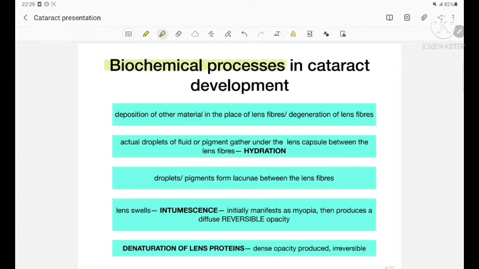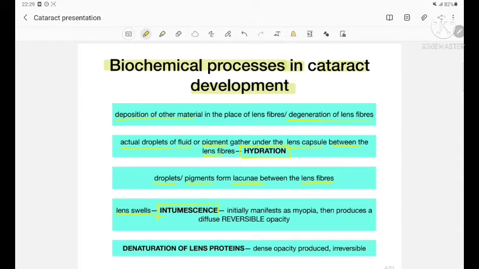The biochemical process in the development of cataract. There is deposition of other material in the place of lens fibers or degeneration of lens fibers. The actual droplets of fluid or the pigment gathers under the lens capsule between the lens fibers, and this process is called hydration. So, the droplets or pigments form lacunae between the lens fibers, and then the lens swells.